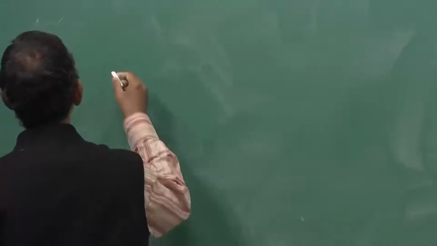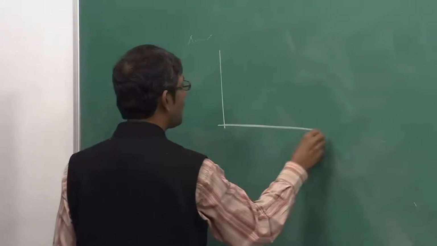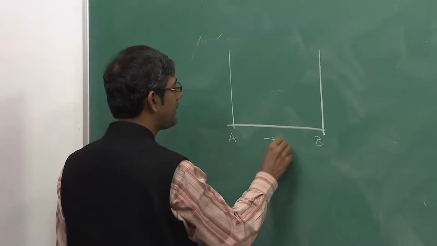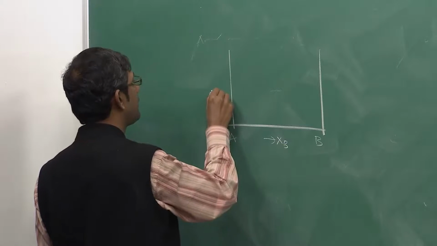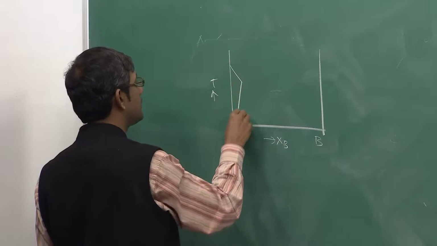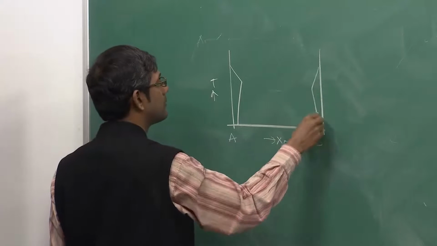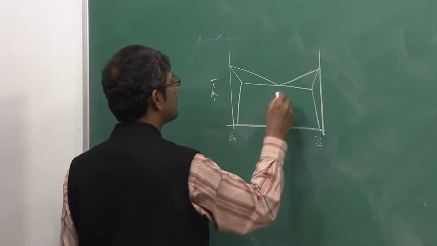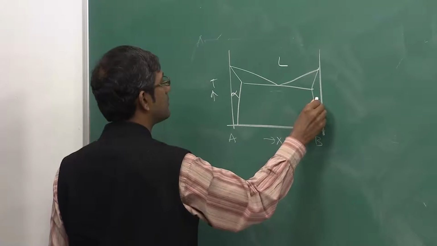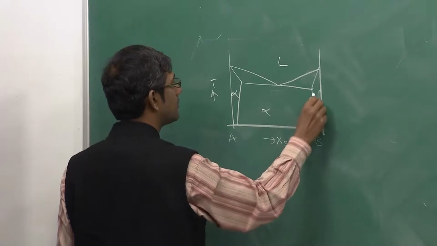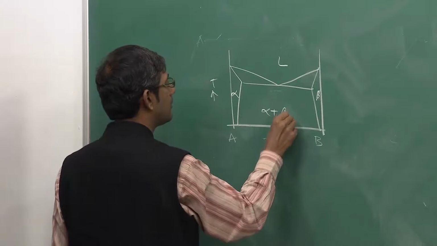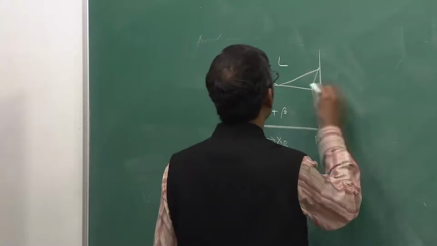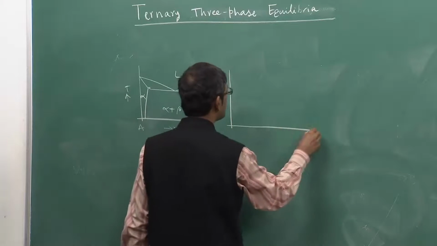So what I mean to say is, very carefully try to understand, in a binary 3 phase equilibrium, temperature, the 3 phase equilibrium is represented by a tie line, by a horizontal line. This is for a eutectic.